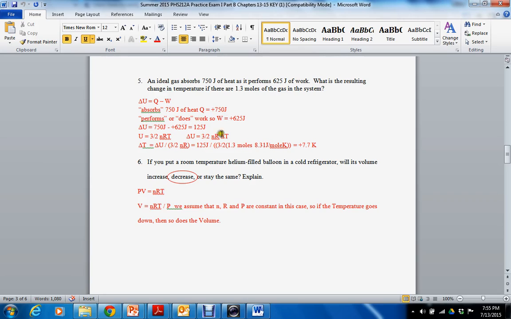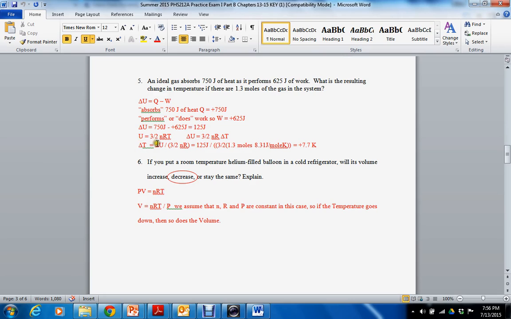It does work, so positive 625 joules of work. So the change in internal energy is 750 joules minus 625 joules. It's a modest increase in internal energy because it absorbed a lot of heat, but it also lost energy by doing positive work. So we wind up with a change in internal energy of 125 joules.